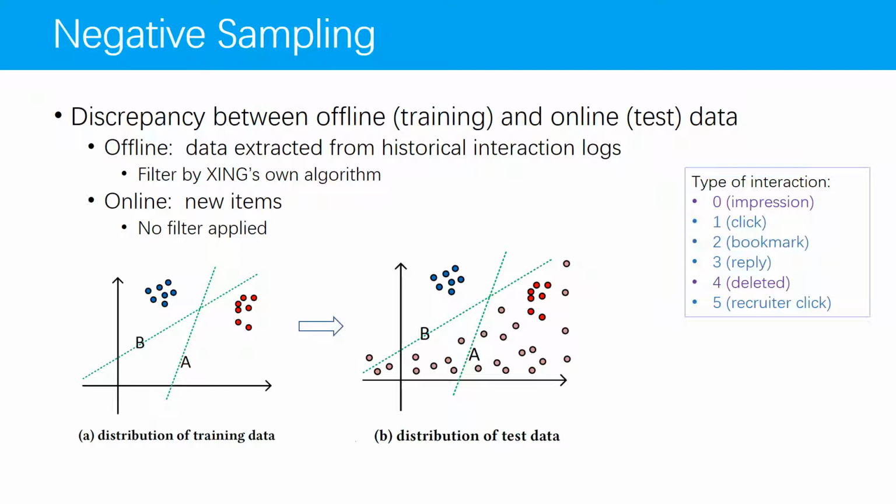In a test set, we do not have the filter at hand. Positive points and negative points are still distributed in the same way, but there are many noise data points around the negative instances. In this situation, classifier B turns out to be a better classifier than A.